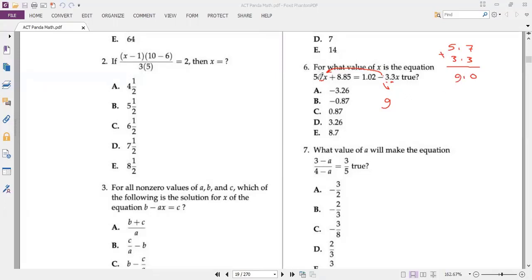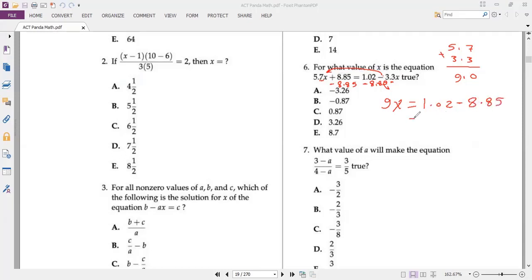So 5.7X plus 3.7X in this term, we convert it. So 9X should look like this. So here we have to do minus 0.85 minus 8.85. So we have in the right term 1 point minus 8.85.